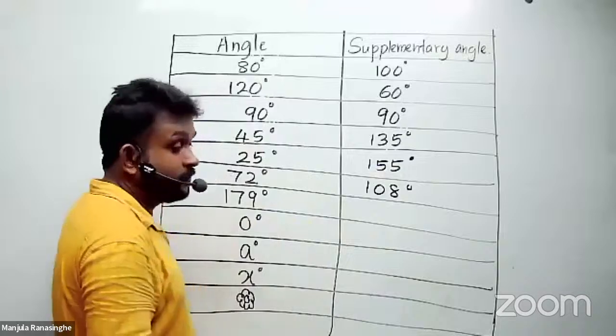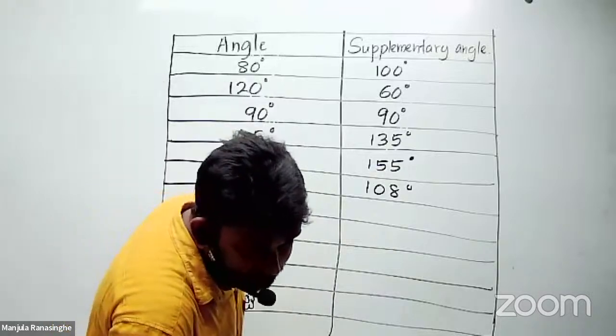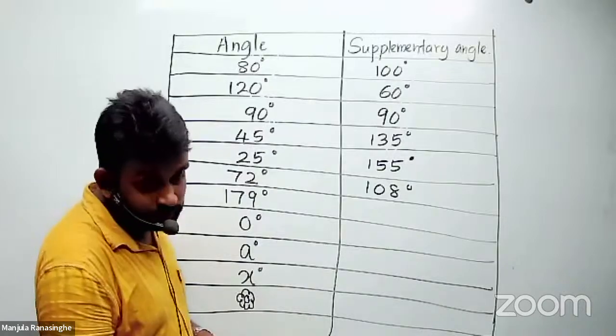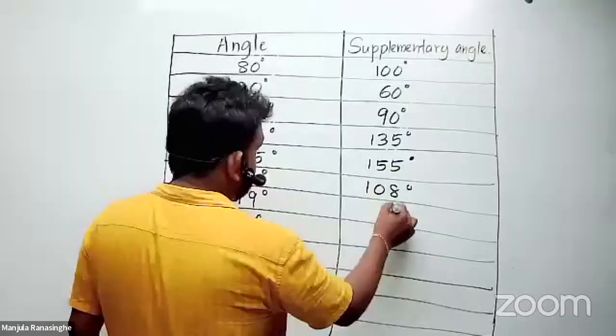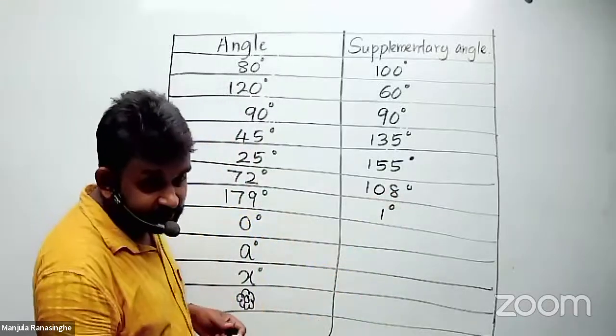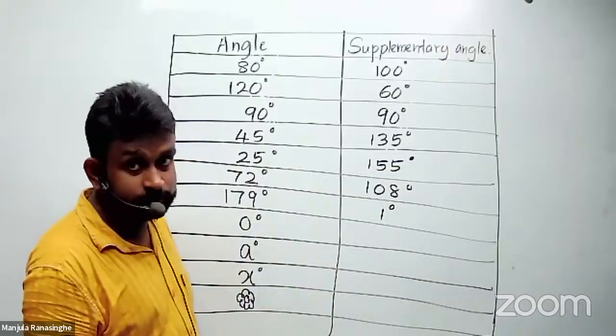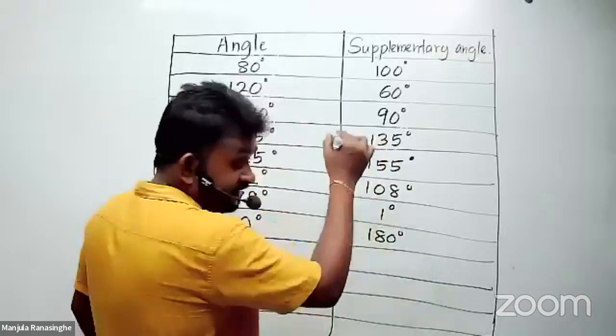Right. Then 179. Anya, can you tell me the answer? 1 degree. Yes, 1 degree. Very good. Then 0 degrees. Esali, tell me what is the answer? 180 degrees. Very good. 180 degrees.